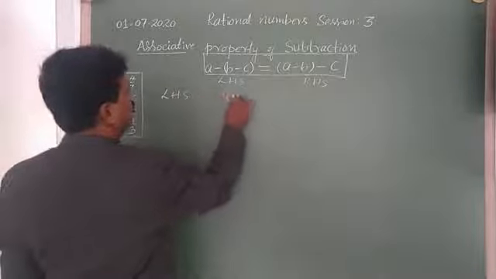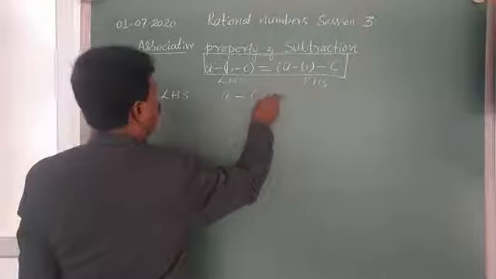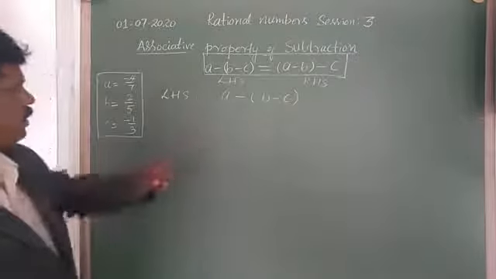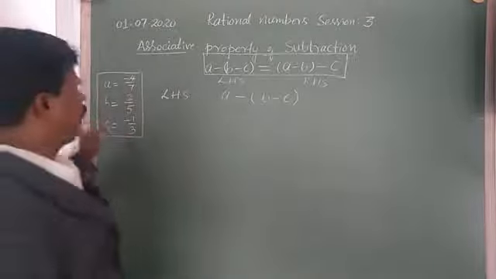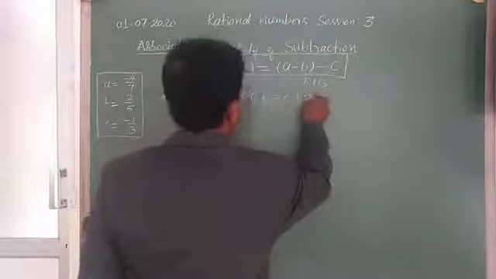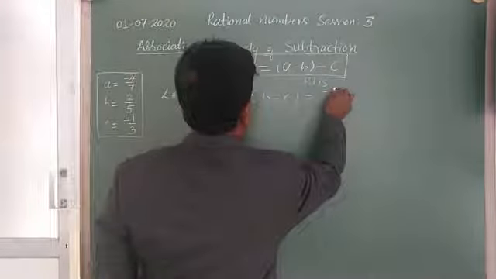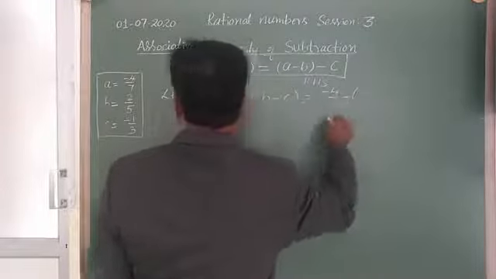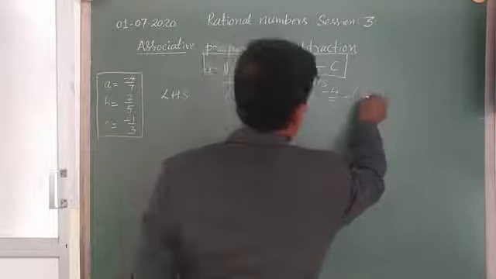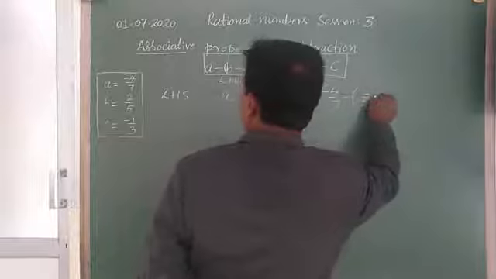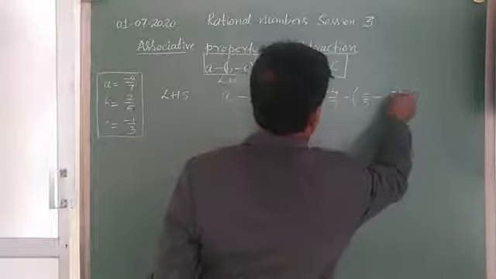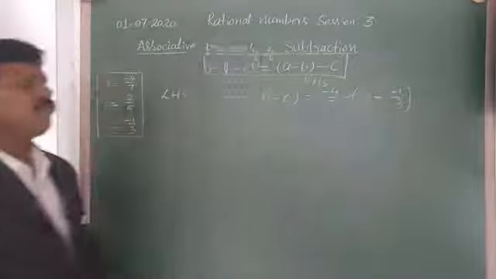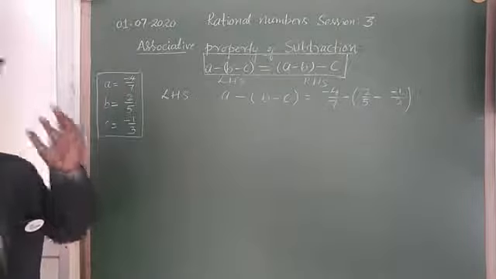LHS is A minus of B minus C. Now let us take A as minus 4 by 7, minus of B, which is 2 by 5, minus of minus 1 by 3. Look at that, minus of minus 1 by 3.